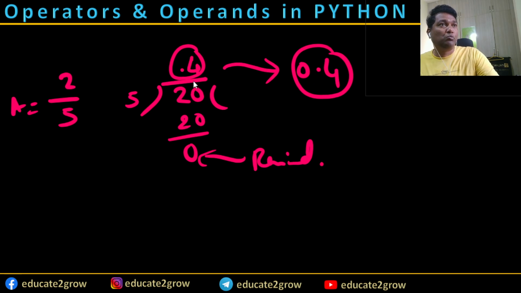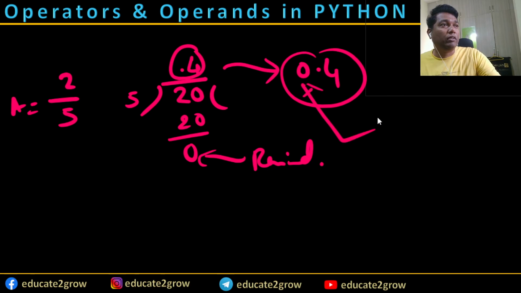This 0 is nothing but the floor division result.